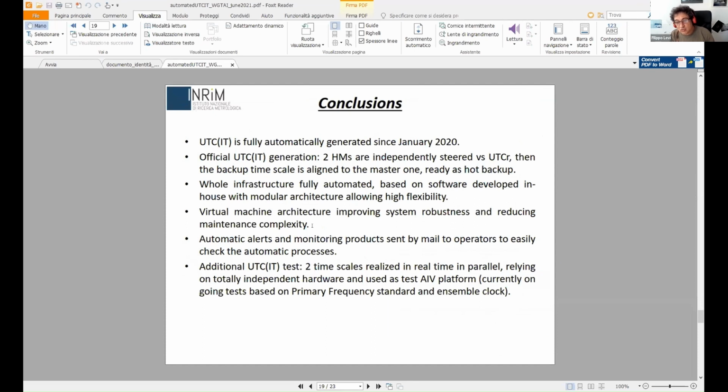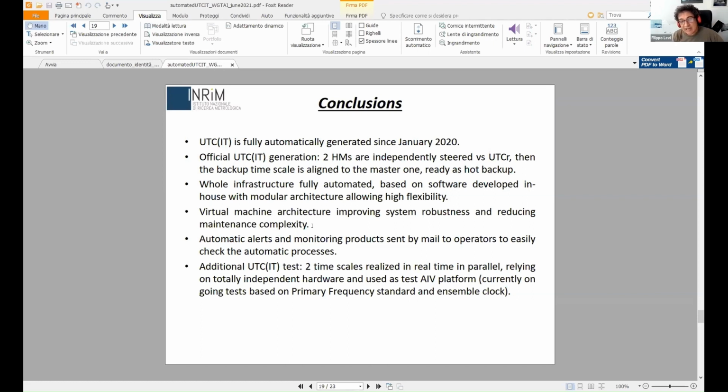We decided to use this steering against UTC Rapid because we know that UTC Rapid is always available, while, for example, the steering against the fountain and the primary frequency standard, even if it is more performing from a timing point of view, requires a much bigger effort to have a continuous operation of a fountain.